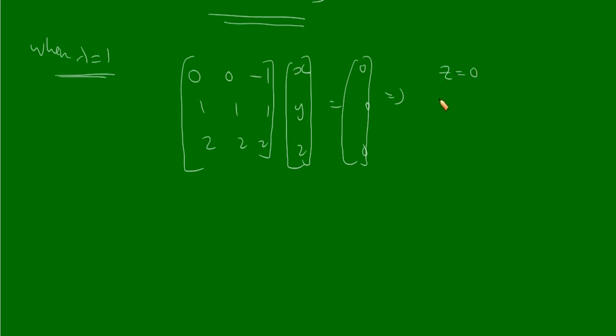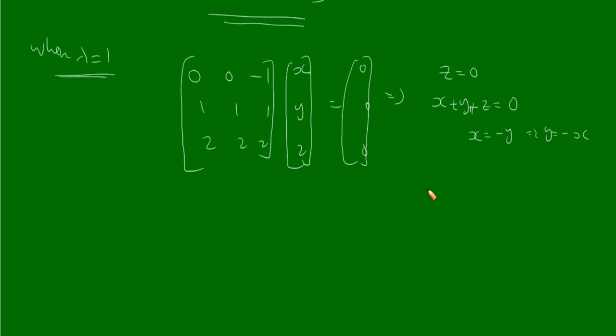Second equation will be x plus y plus z is equal to 0, and we have already z is equal to 0. So that means x is equal to minus y, or y is equal to minus x. Again, the third equation is similar equation, same equation, 2x plus 2y plus 2z is equal to 0, and from there you will get x plus y plus z is equal to 0.